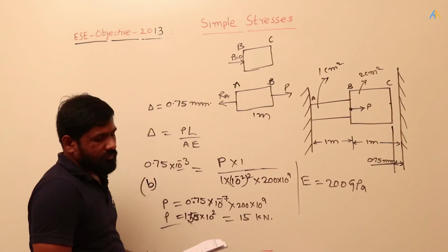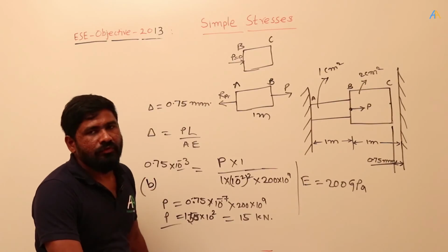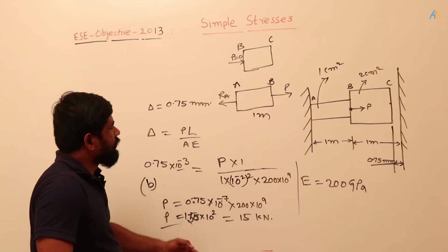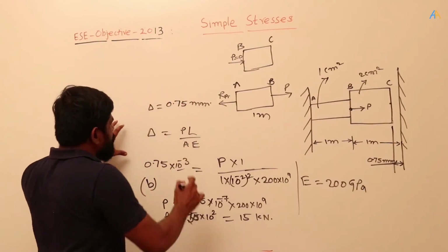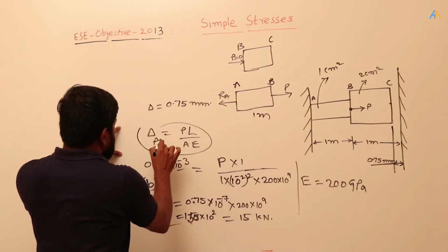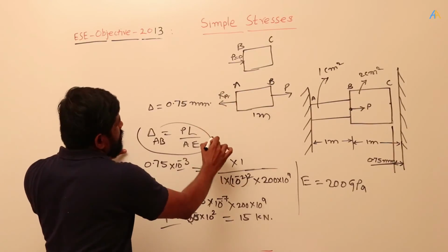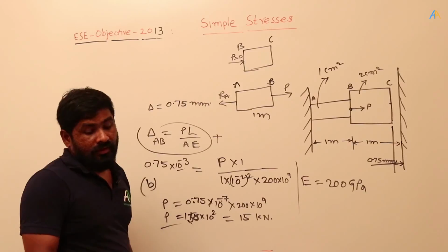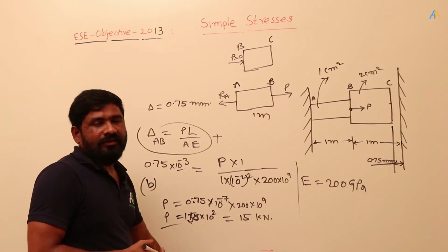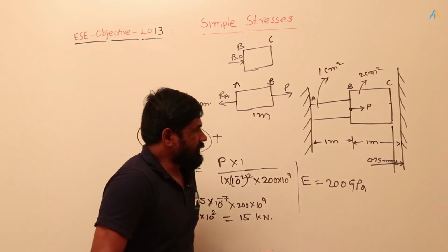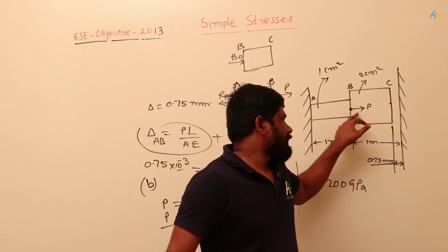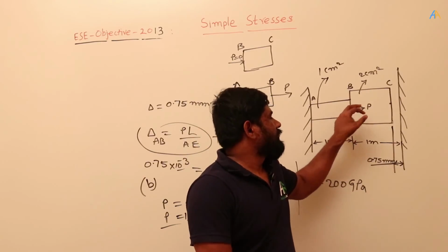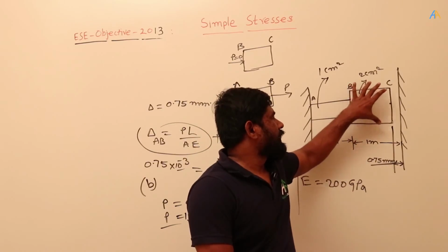Option B. See here, many times you may do something wrong, like instead of writing this only for AB, if you write for BC also, then you will get the P value as 10. That is given in option A itself. So you need to identify here that since the force is applied at B, there is no force in the BC section.